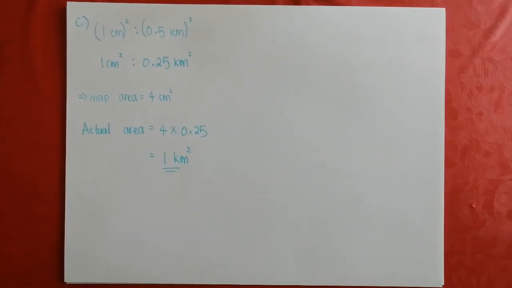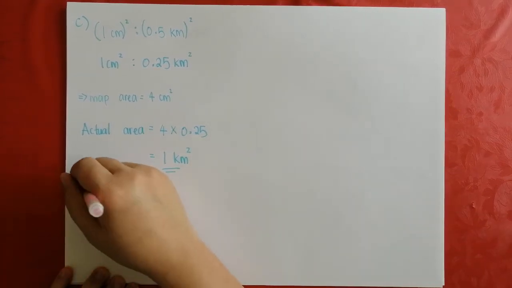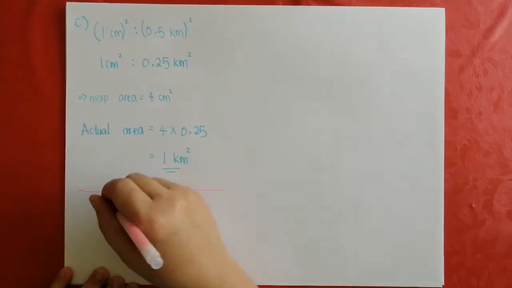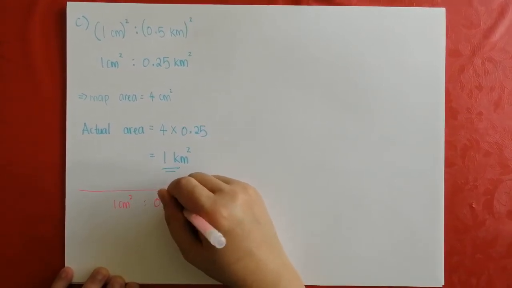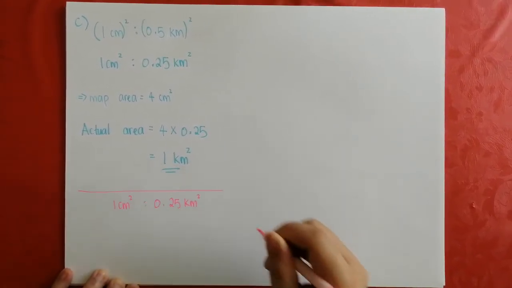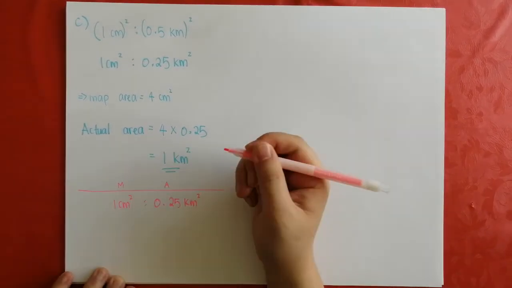Alright, if you find it still confusing, what we can do is say 1 square centimeter represents 0.25 square kilometer. So this is for the map, and this is for the actual.